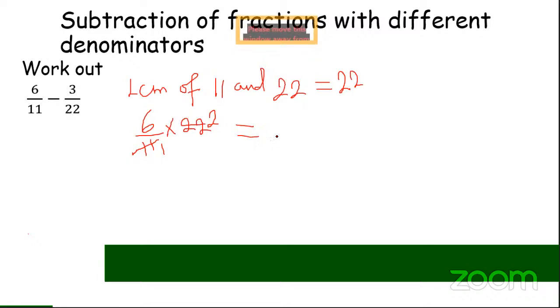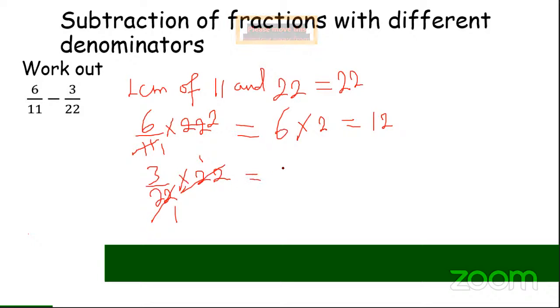So this would be the same as 6 times 2, which gives us 12. Then we get 3 out of 22 times 22. Here is by 1 and here is also by 1. So that would be the same as 3 times 1, which is equal to 3.